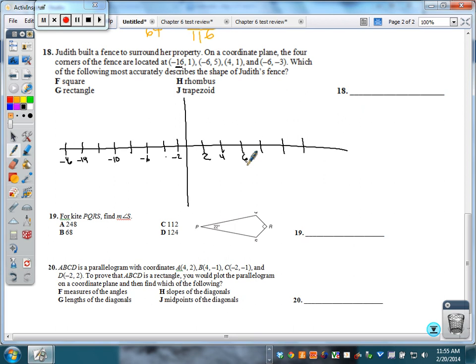And then we'll go by ones on the y-axis. So we can just do 1, 2, 3, 4, 5, 6. All right, so let's just go ahead and plot our points. We have -16, 1. We have -6, 5. We have 4, 1. And we have -6, 3.